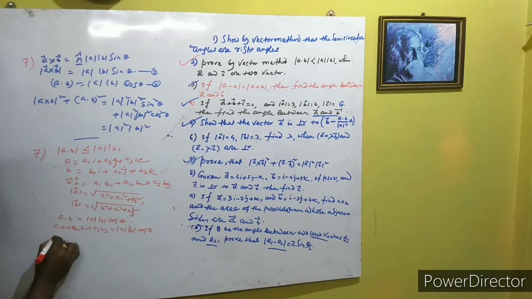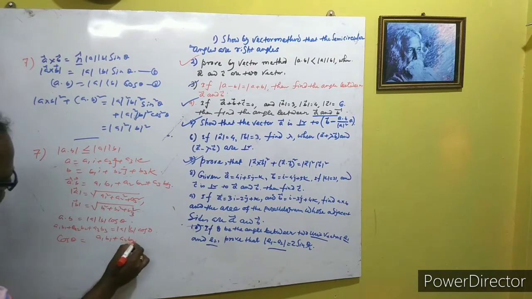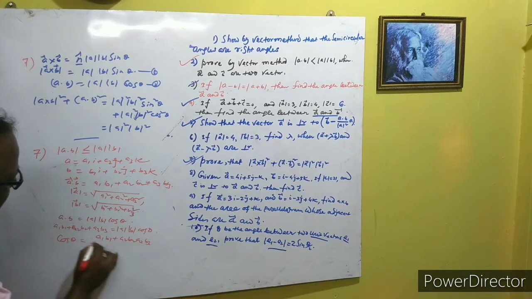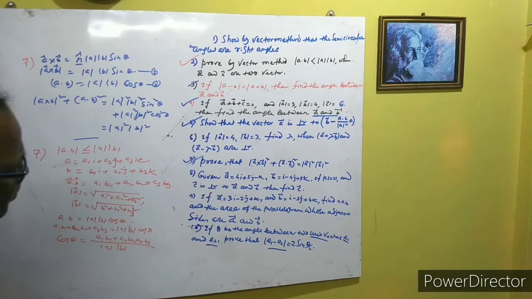So now we can write cos theta is equal to a1 b1 plus a2 b2 plus a3 b3 divided by |a| and |b|, and this is the equation.